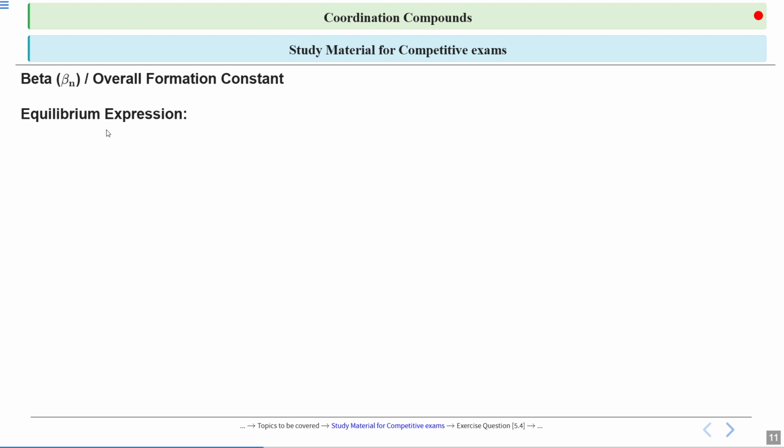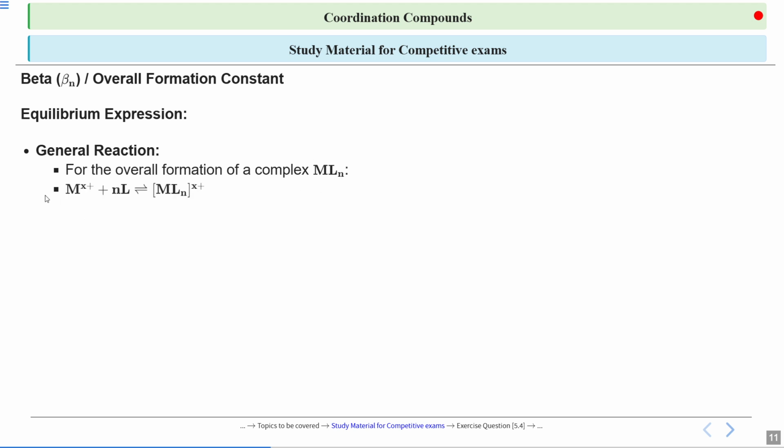Let's see the equilibrium expression. General reaction: for the overall formation of a complex MLn, you have to write this overall reaction, where L represents the ligands and n represents that n number of ligands is present in our complex.